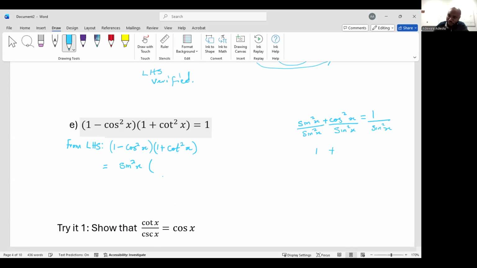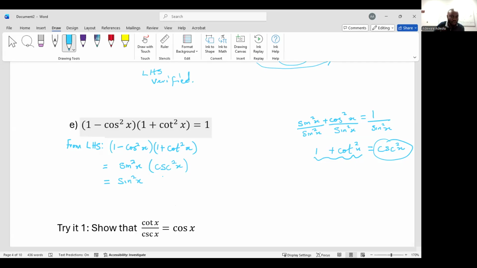So this is 1 plus cotangent squared of x equals cosecant squared of x. I hope that is clear. So I can replace these two, 1 plus cotangent squared of x, by cosecant squared of x. So cosecant squared of x times sine squared of x. I don't need to do anything to sine because it's already in its simplified form in a way.